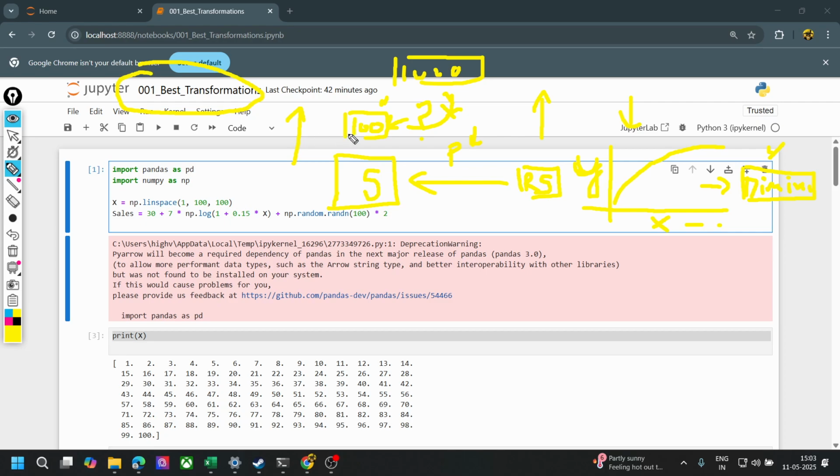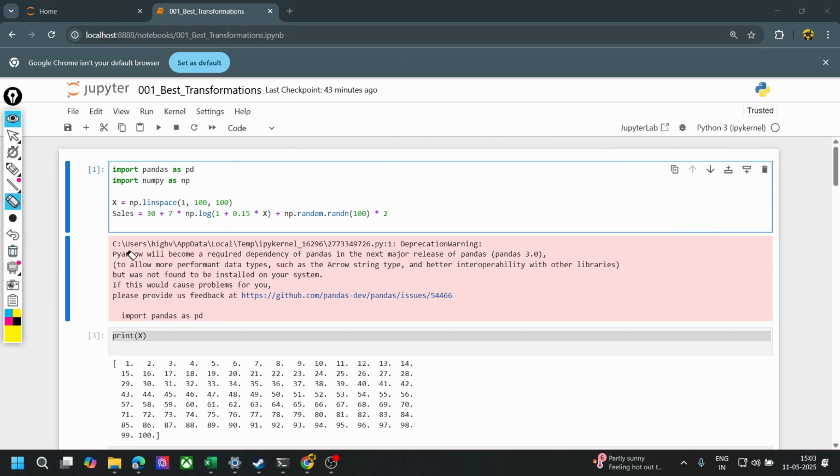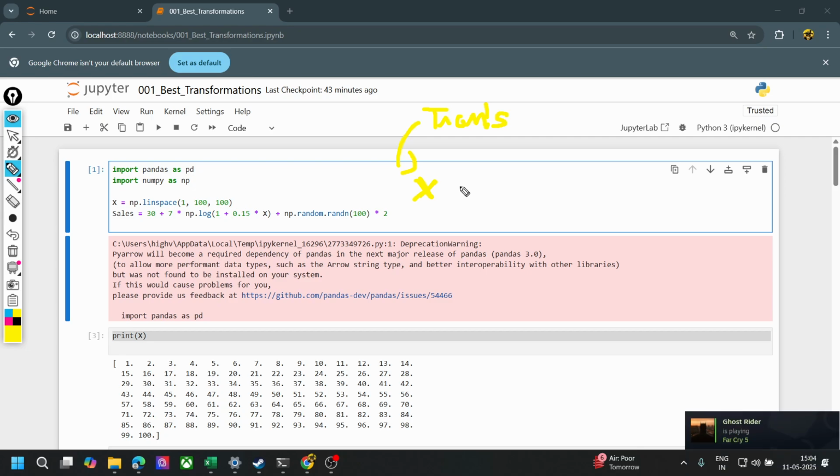So we're going to talk about what these transformations are and how we apply them. Now, what do I mean by transformations? To quickly talk about it, we get a raw variable that is x, right? And while running those models or while quantifying this relationship, we do not keep this x variable as is.